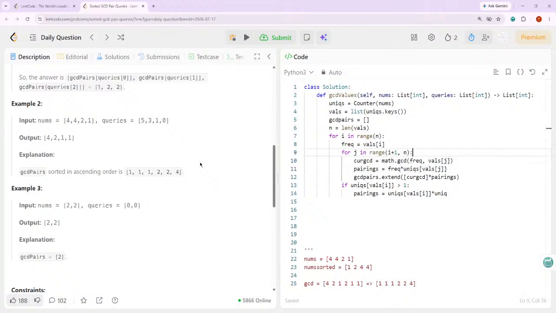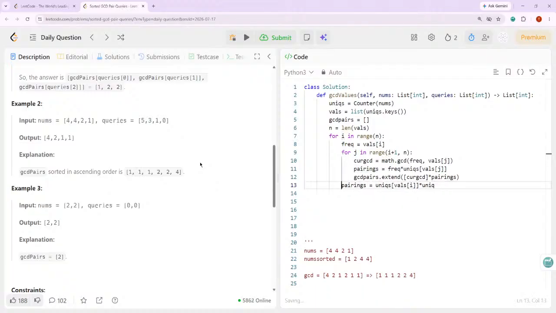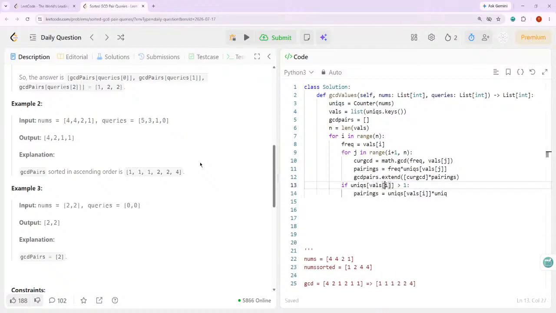I guess I could make another variable here. Probably making too many variables. I think I could actually do this without the if statement. The number of pairings here would be frequency times frequency minus 1. I guess no, actually, I think I do want an if statement here. So if the frequency is greater than 1, yeah, frequency times frequency minus 1 divided by 2.